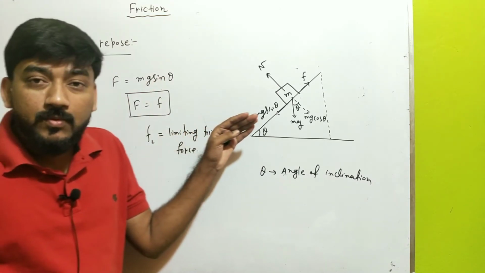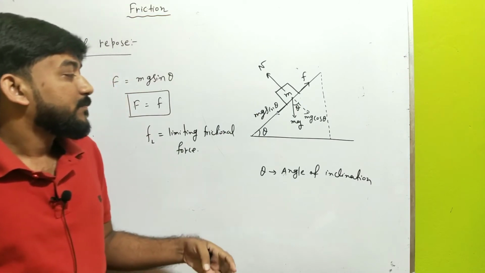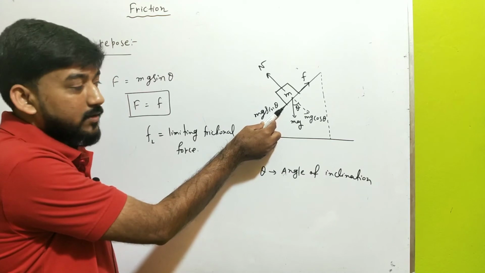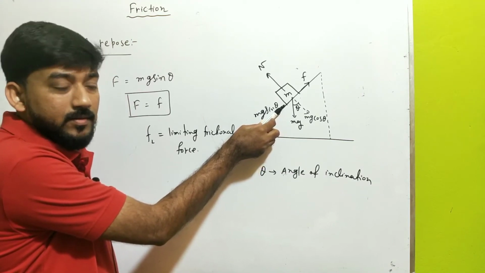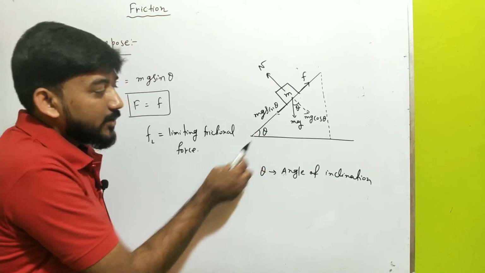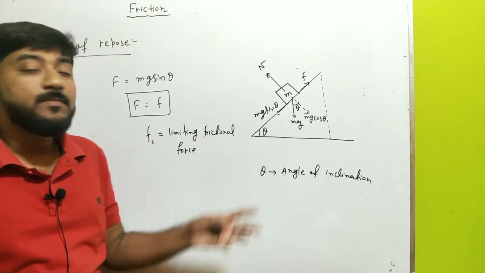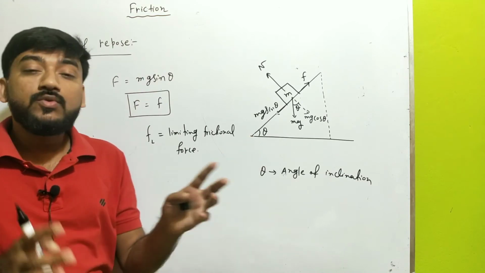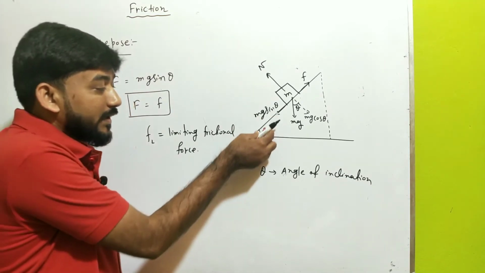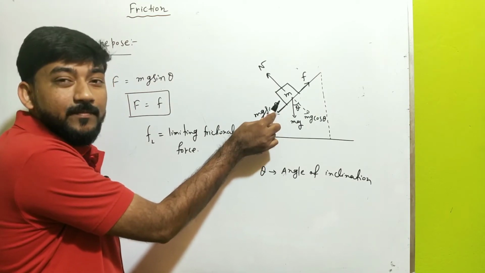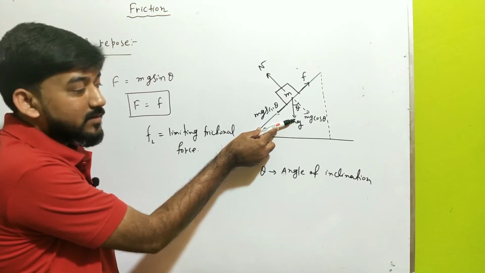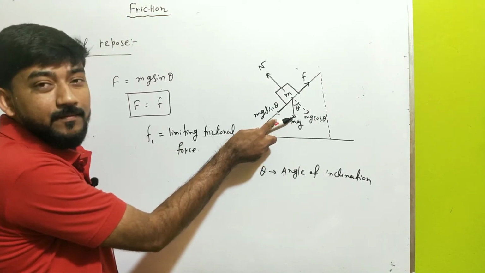So if you want to do the experiment, we have to take an inclined plane whose angle of inclination can be changed. Initially, if we take a small angle of inclination, then the object will rest on this plane.